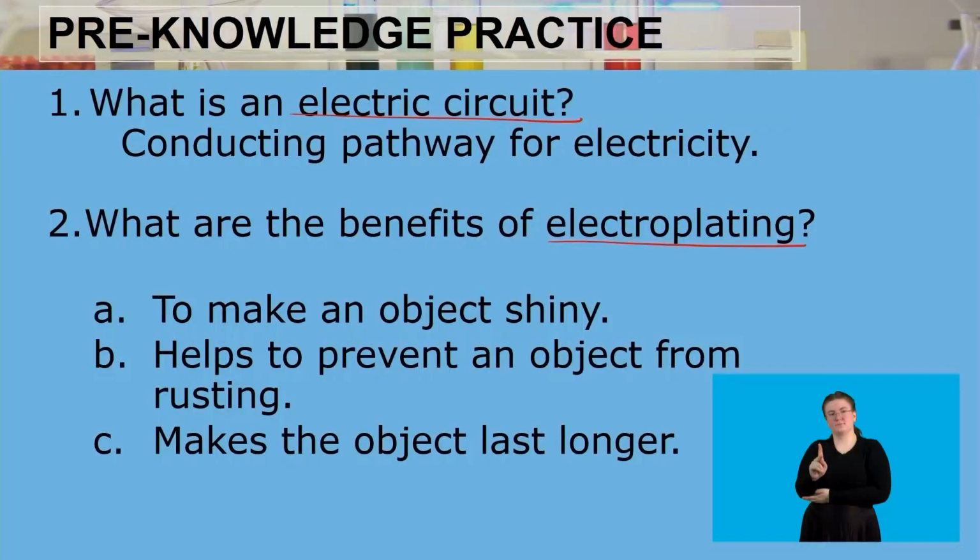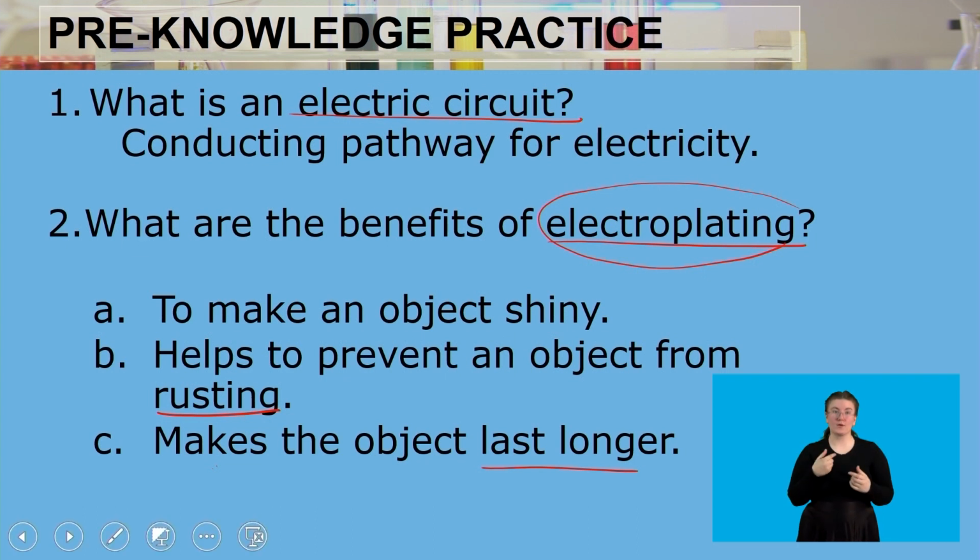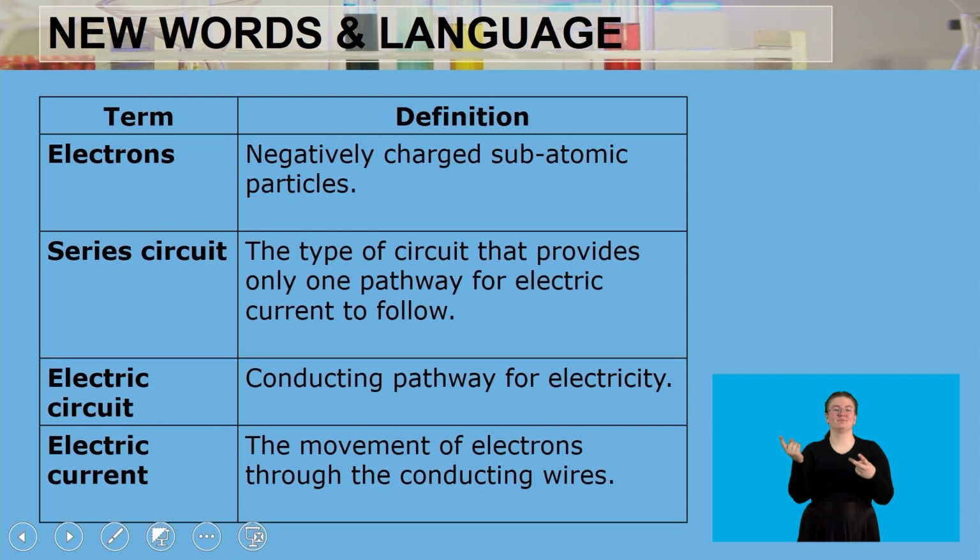So basically, we electroplate when we want to prevent an object from rusting. Now, by preventing this object from rusting, we know that this particular object that we have electroplated is going to last longer. So the other reason why we electroplate is so that the object that is electroplated can last longer. So those are some of the reasons why we electroplate: to make an object shiny, to prevent it from rusting, and also to make it last longer.